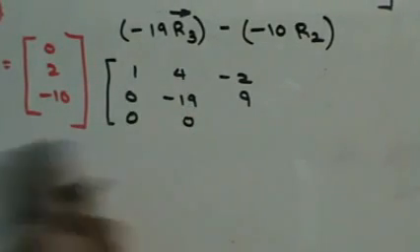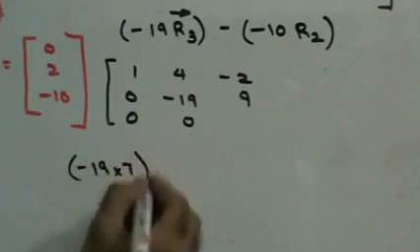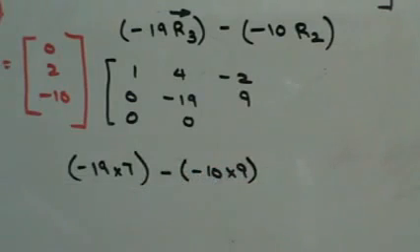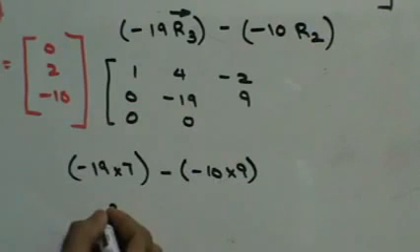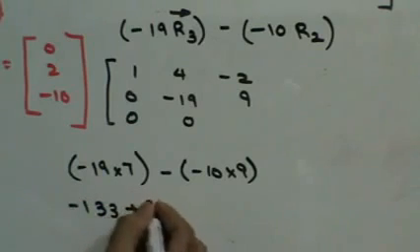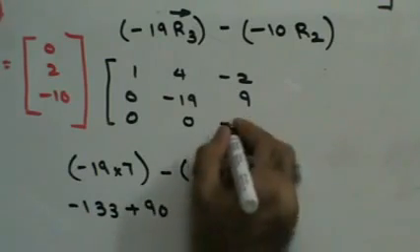Right? Next, this is minus 19 into 7 minus 10 into 9, minus 133 plus 90. So this is going to give you minus 43.